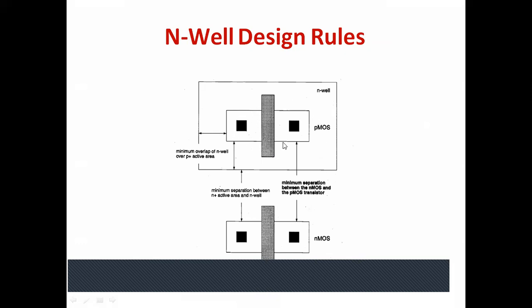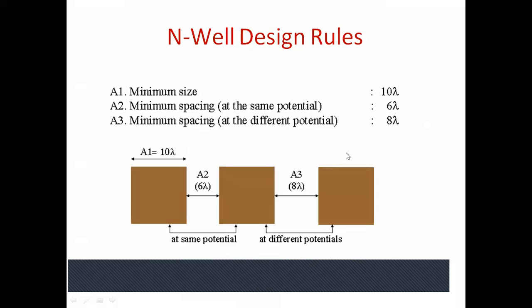What should be the overlap of the active area, or the minimum overlap of P plus active area? Or what should be the minimum separation of N well with N plus active area? And what should be the separation of two active areas? These are the rules, so that we will see.